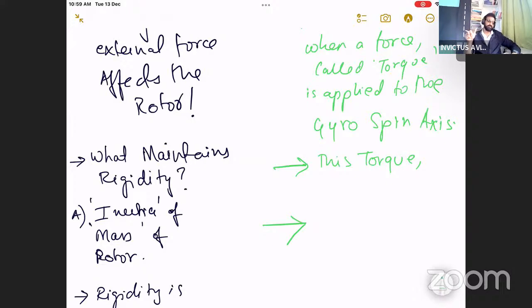In brackets, you will write 90 degrees, in direction of rotor rotation, bracket close, after the torque is applied on the spin axis.